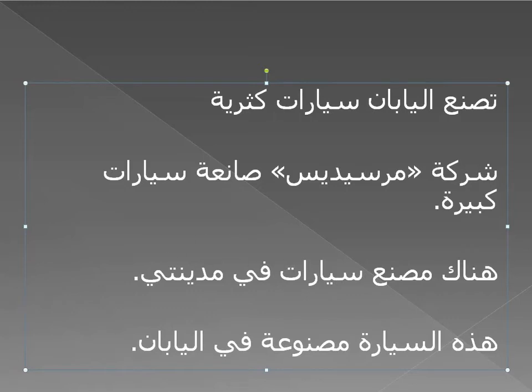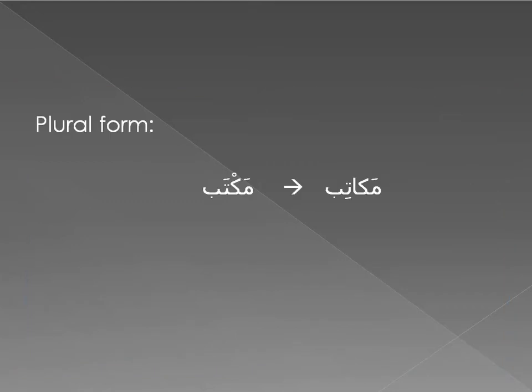Okay, so by now you're saying this is great. What is the plural form of this? Well, this is a very regular pattern. You know how oftentimes we tell you that plurals in Arabic you can't predict, you just have to guess them. Well, this is one where we actually can predict the pattern. So the typical plural for most cases for a place noun of the pattern maktab is makatib.